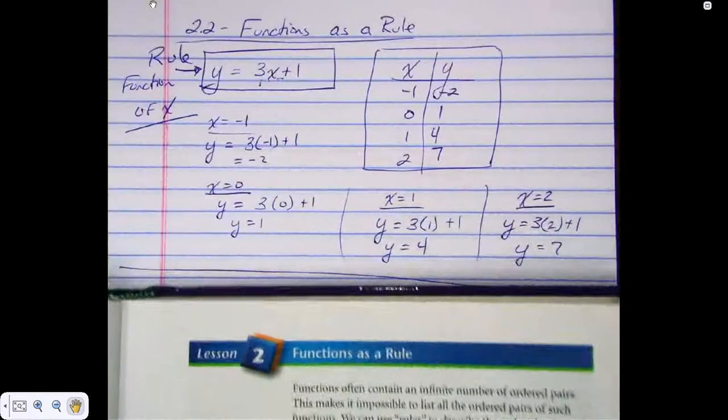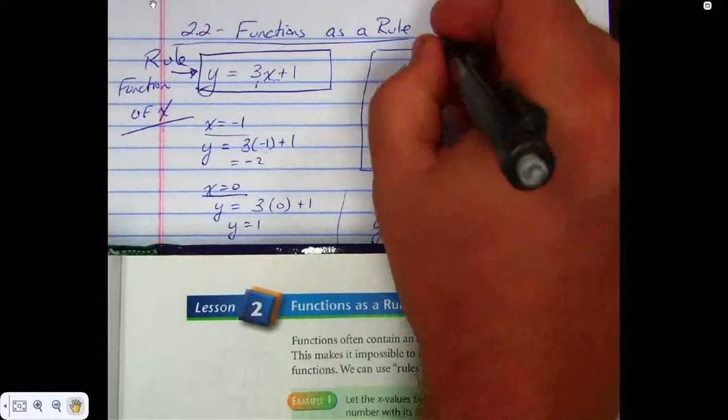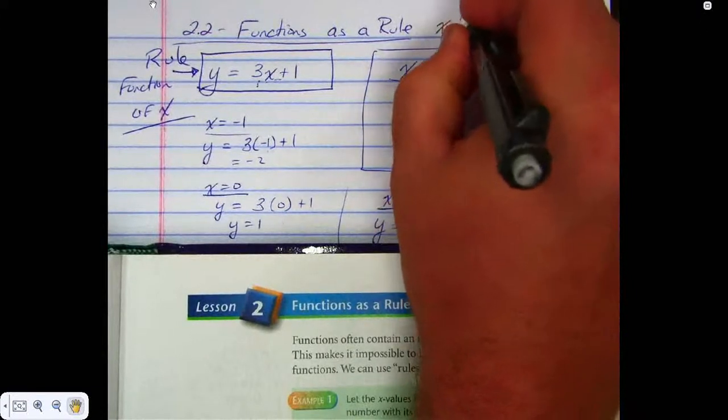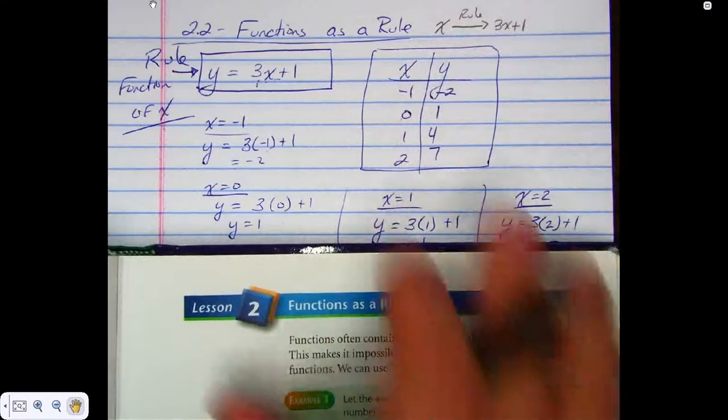If we were to write this one like this, it would look like this: x, and then your rule would be 3x plus 1. Okay?